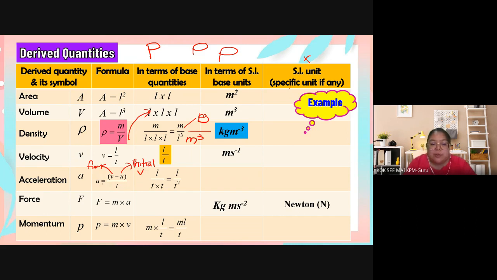The one you need to change is v minus u. v minus u, both are the same, the units of v and u are the same.